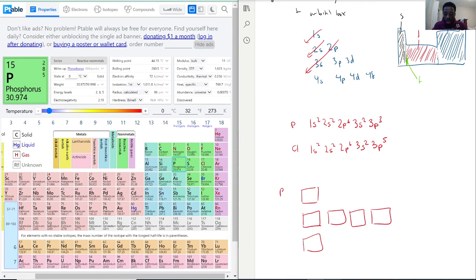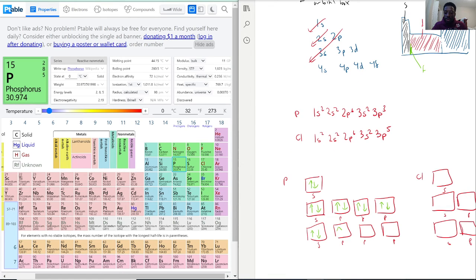And now that we've done it like that, what's going to happen here is that as we fill it in, it was 1s2, so we have it like that, 2s2, and then 2p6, 2, 3, 4, 5, 6, and then 3s2, and then 3p3. So we have 1, 2, 3.